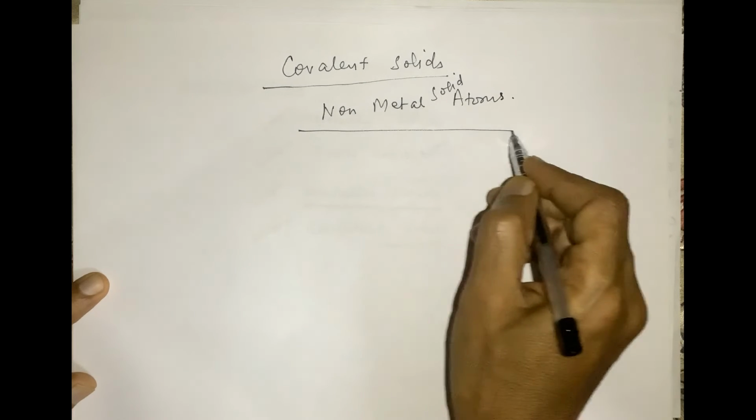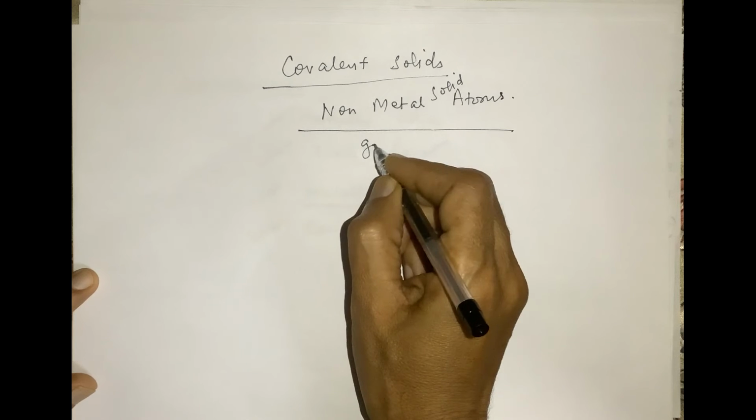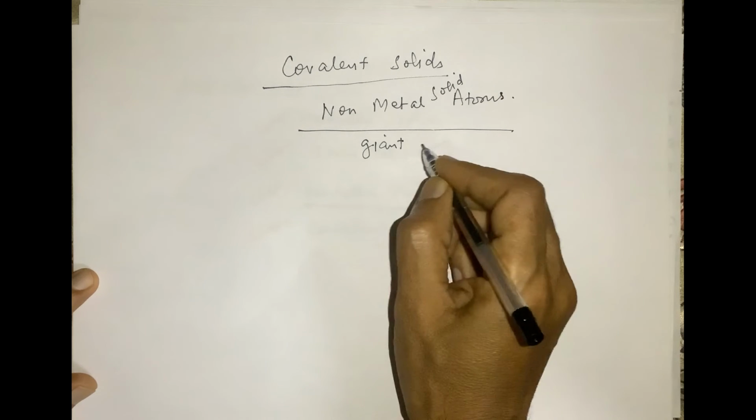They form crystals, and they are very big in size, so they are also called giant molecules.